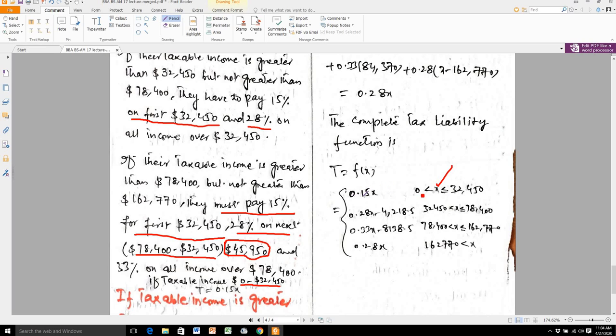And when your income x is greater than 32,450 but less than 78,400, then you are liable to pay 0.28x minus 4,218.5. In the same way, on the other intervals, the values of the payable tax are given.